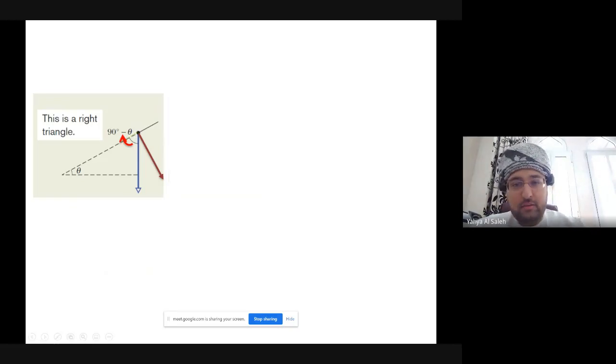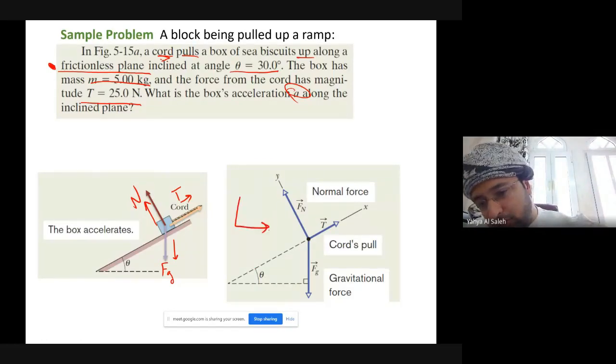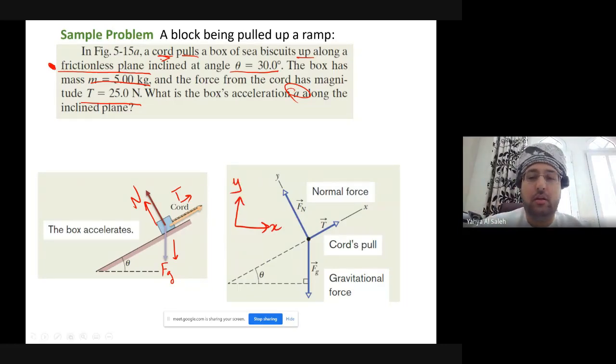If I look at this, my x-axis is here and my y-axis is here. My only force acting nicely is gravity, and I have two forces acting at angles. So I can find the x and y components of tension and of the normal force.